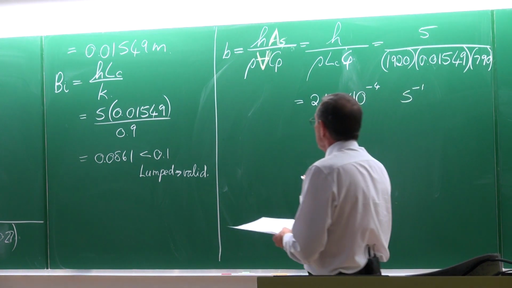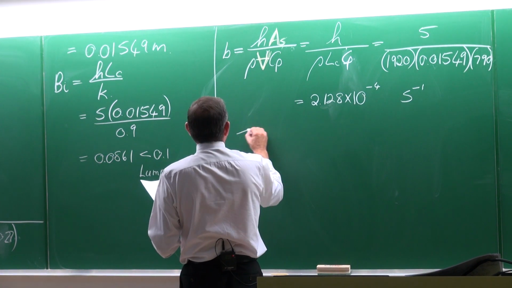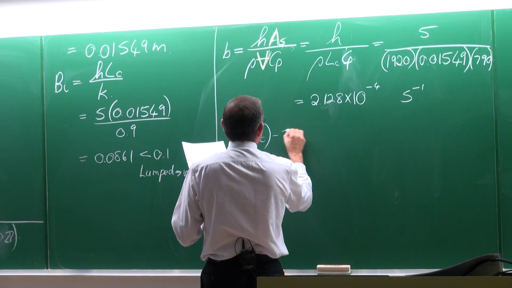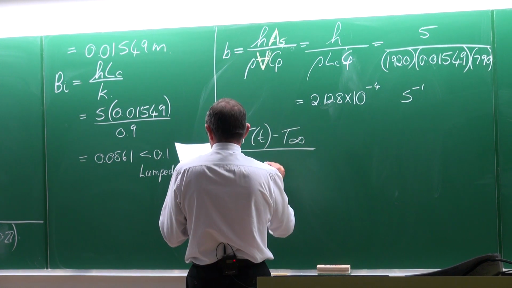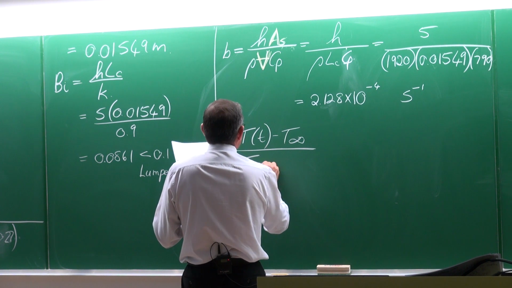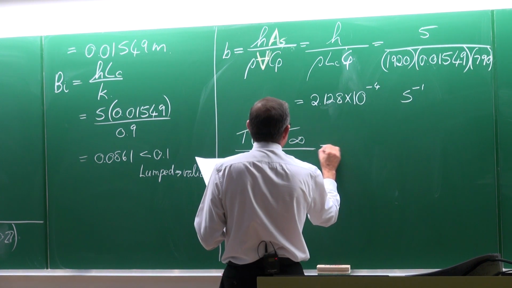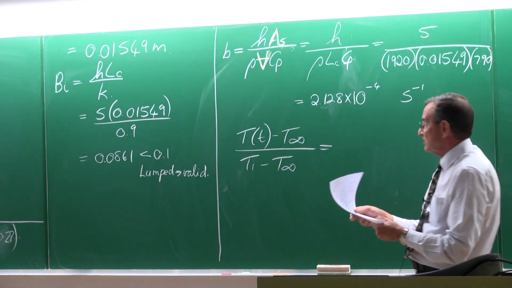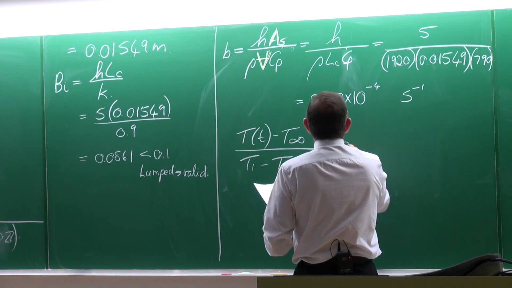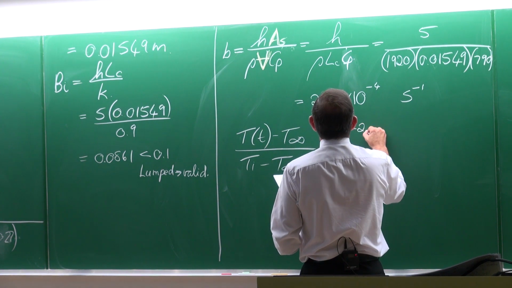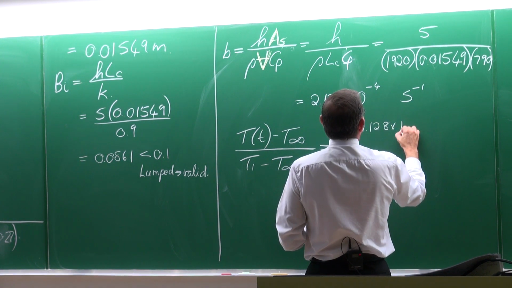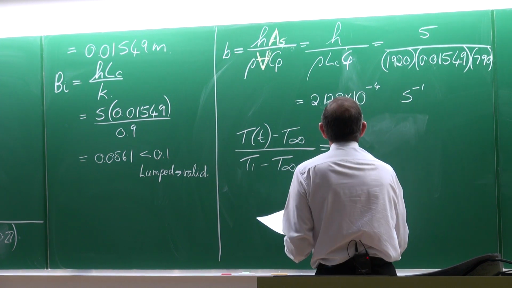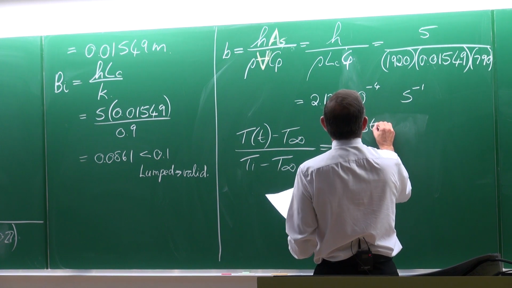But now we can go to this equation that we've derived in the previous lecture, which says that the temperature difference divided by the initial temperature minus T infinite, which is the non-dimensionalized temperature, we're going to address that just now, is equal to e to the minus 2.128 multiplied by 10 to the minus 4, let me write it first, as minus Bt. I'm in too much of a hurry now.